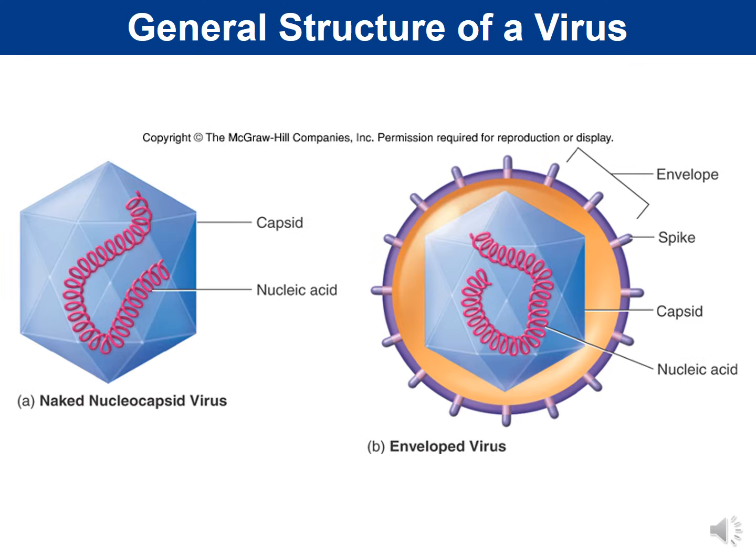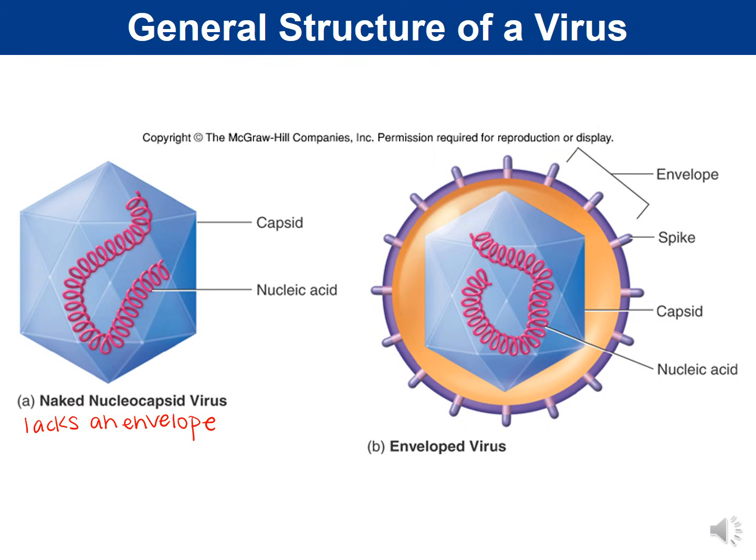So if we look at the structure of the viruses, we have a naked nucleocapsid, and what that means is that it lacks an envelope. So it has its protein capsid, it has its nucleic acids, and that's pretty much the structure. Other viruses are what we call enveloped viruses.